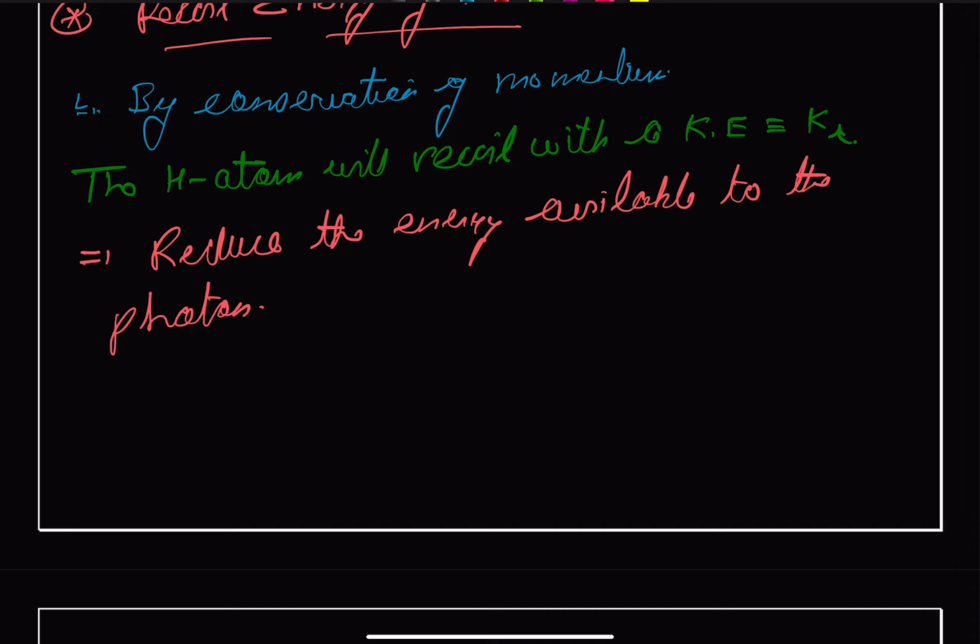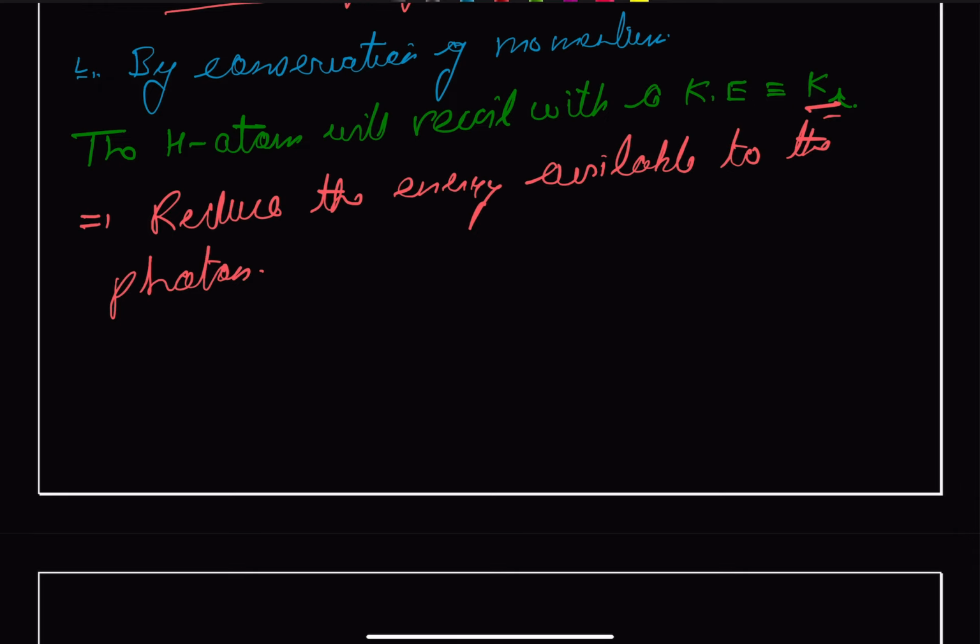And we can easily find out this kinetic energy, or we can also call it the recoil energy. Our recoil energy, that is Kr, will be equal to momentum square divided by 2 times mass m, where P is the momentum and m is the mass.